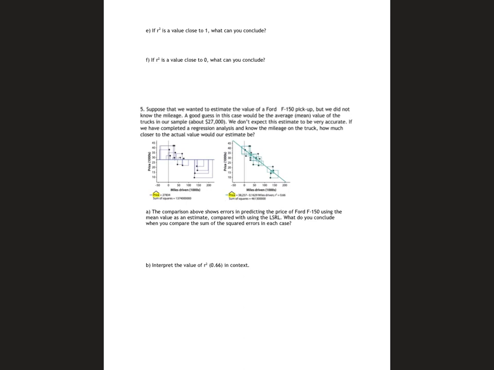When you interpret it, and this is always the way you interpret it, you will say 66% of the variability in the price of the Ford F-150 truck, again, context of the problem, is explained by the variability in mileage. We're going to do more practice with this next class.